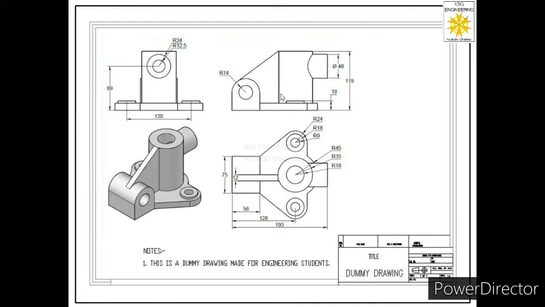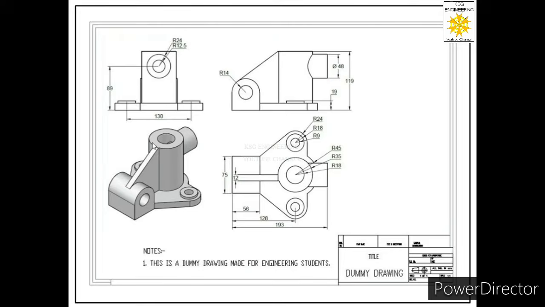For front view, we need vertical plane. For top view, we need horizontal plane. And for side views, we need profile plane. But now look at this isometric projection. In this case, all the three dimensions of the object are visible only in one drawing. You can see in this drawing, we can see its width dimension, we can see its length dimension, and we can also see its height dimension.